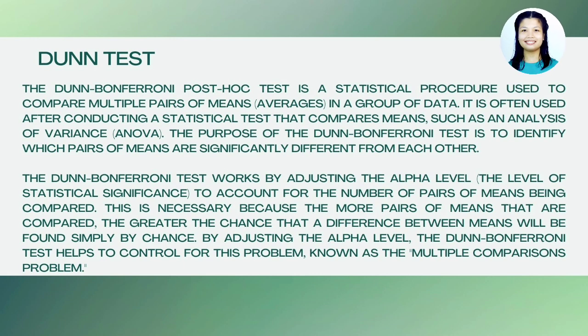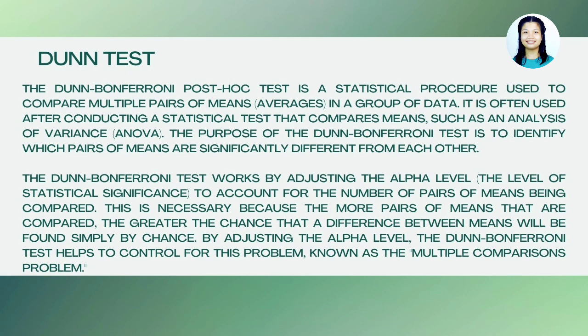It is often used after conducting a statistical test that compares means, such as an analysis of variance or ANOVA. Dunn's test uses mean rank, and it is the appropriate procedure following a Kruskal-Wallis test. The purpose of the Dunn-Bonferroni test is to identify which pairs of means are significantly different from each other.